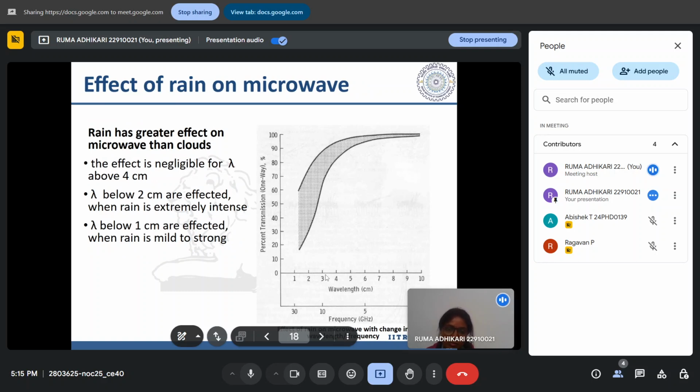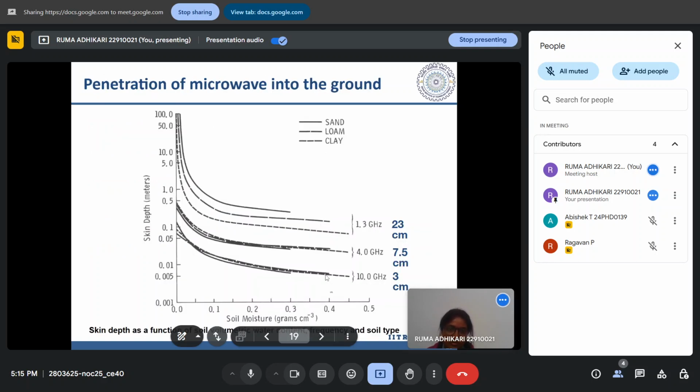For rain it is also similar, these graphs I will not cover that much. This is important for soil moisture and depth, and according to these bands, 3 centimeter, 7.5 centimeter and 23 centimeters, because these are the bands we mostly work with and get data for.